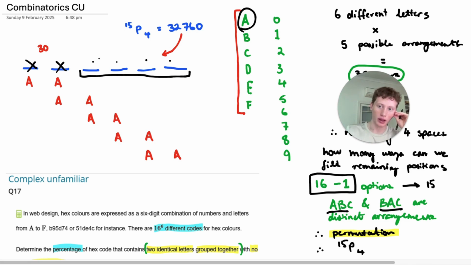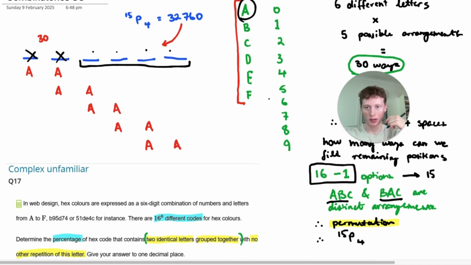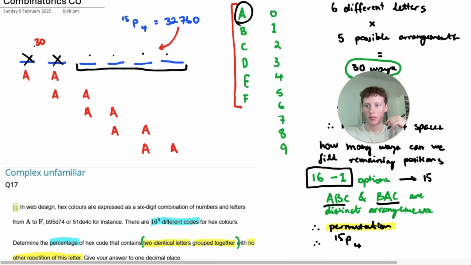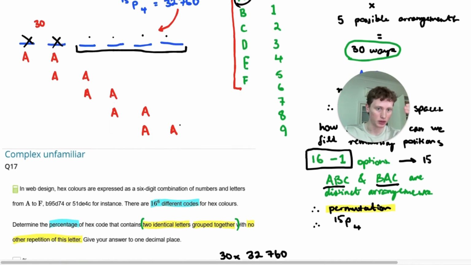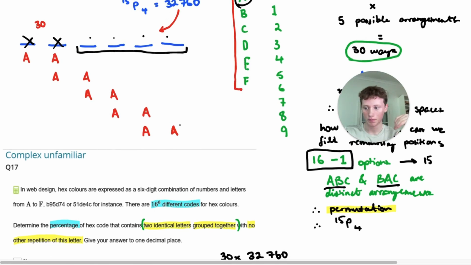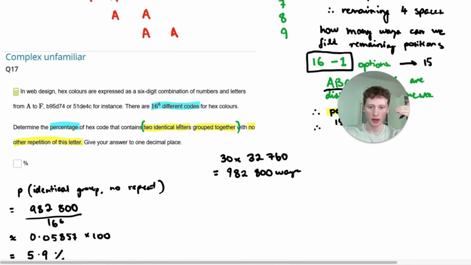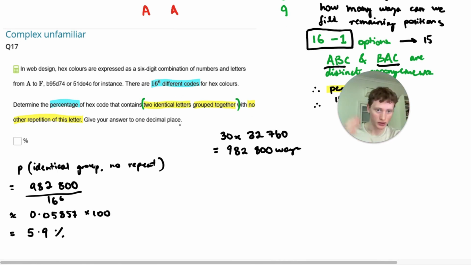We've then got to figure out, okay, how can we arrange the remaining 4 places in terms of permutation format? And because we've got one that's now off the table, that's 15P4. We then multiply this together to find the total number of ways of doing this entire sequence. Divide it by the number of ways to find all hex codes times 100, that's percentage.